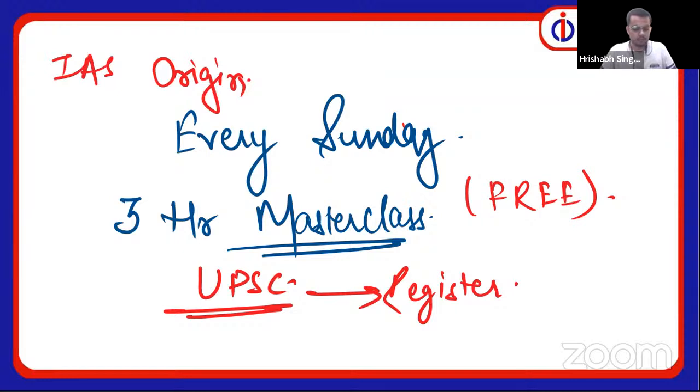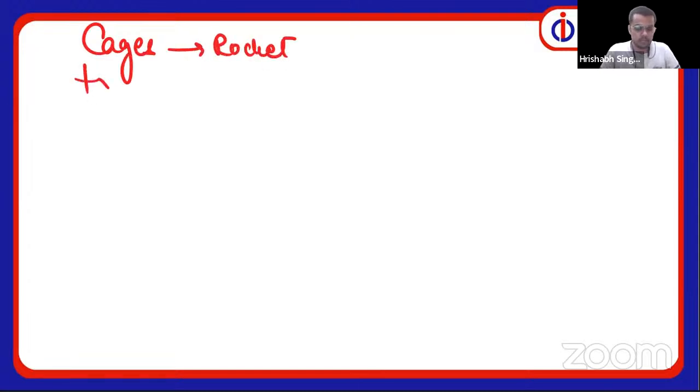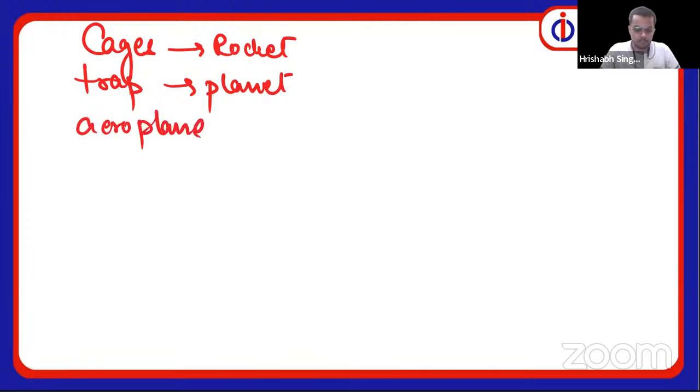Okay, let's do one more question. Similar type of question so that you don't get confused. So in a language, let's say in a language on Jupiter, cages are rocket. ठीक है, trap is coded as planet. ठीक है, aeroplane is coded as cycle.